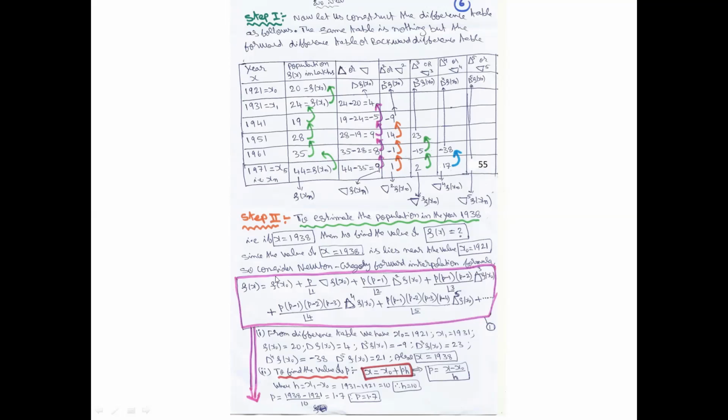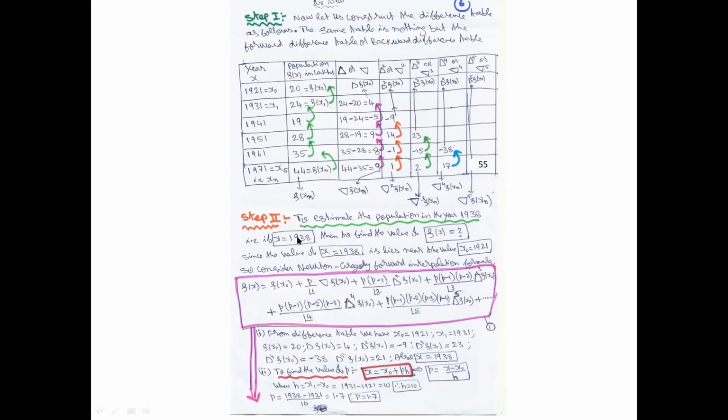The value of f of x is nothing but the population in the year 1938. So this is the way of estimating the approximate value. It is not exact; it is an estimation, that means an approximate value. So this completes this video.